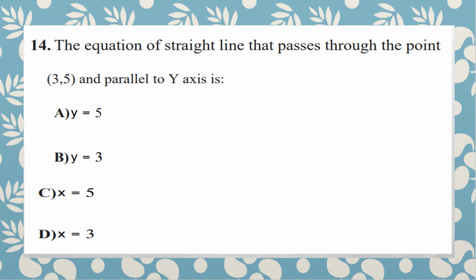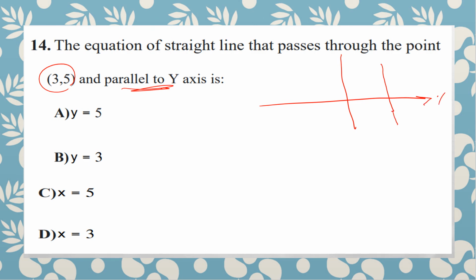Question 14. The equation of the straight line that passes through the point 3 and 5 and is parallel to the y-axis. When the line is parallel to the y-axis, this means the line is a vertical line.